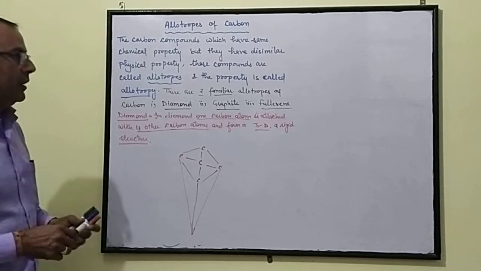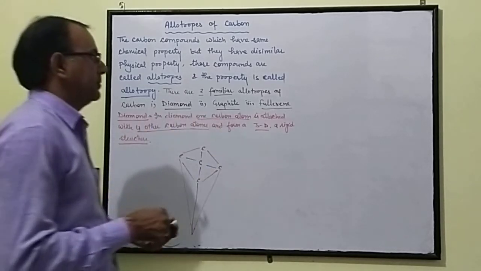And the second allotrope of carbon is graphite.